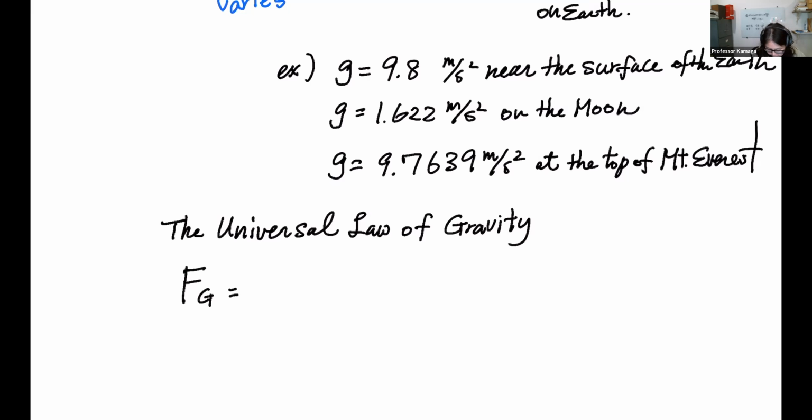Fg equals some kind of a constant G times m1 times m2 divided by d squared, where this big G is the universal gravitational constant.